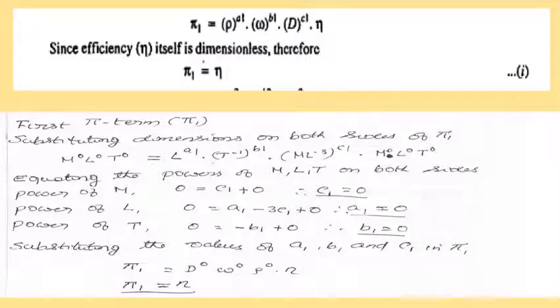Here for the first term, we substitute the dimensions on both sides of the pi 1 term.